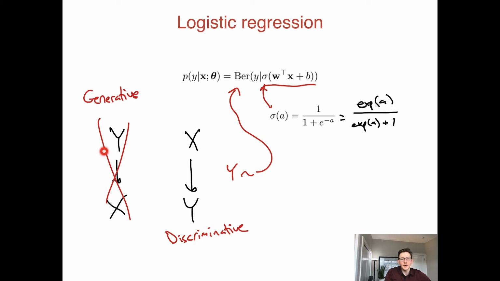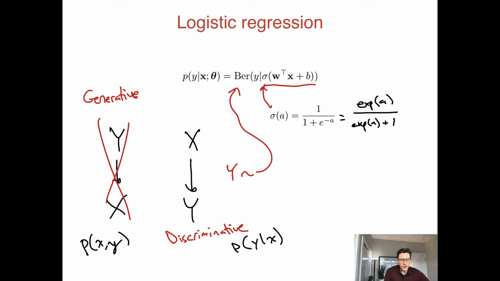Generative because we're specifying a full distribution, probability of x comma y. Logistic regression is discriminative because we're specifying just probability of y given x. Notice that nowhere here have we defined the probability of x by itself, which we would need to do to make this a full probabilistic model.